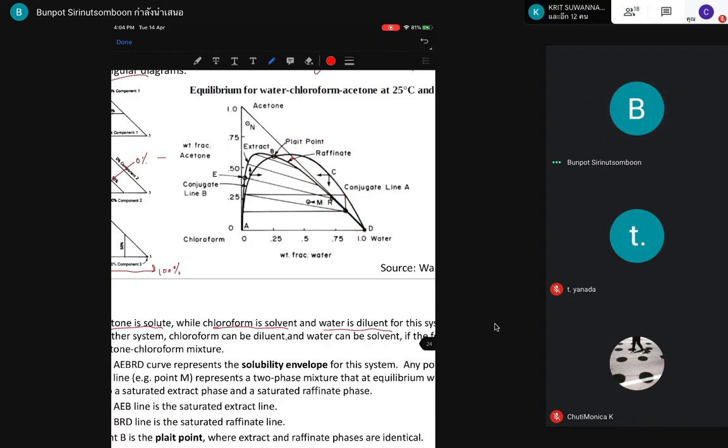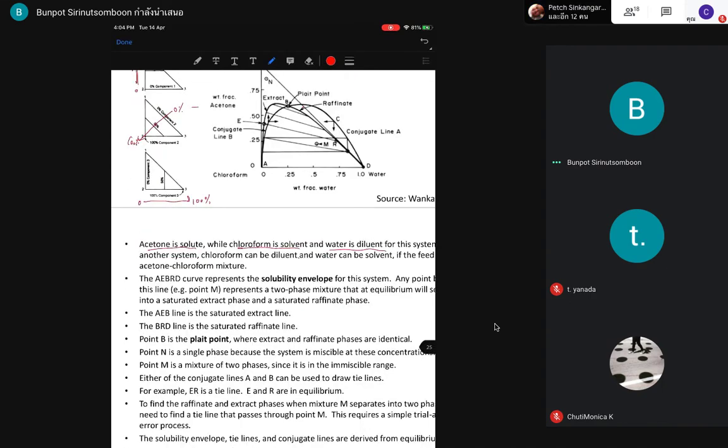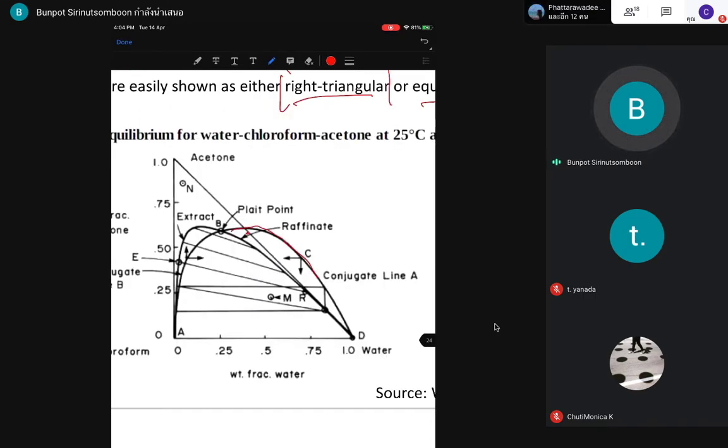And what else? Then there's something called conjugate lines. Okay, conjugate lines. Basically, the conjugate lines are related to the tie lines. These are the tie lines.